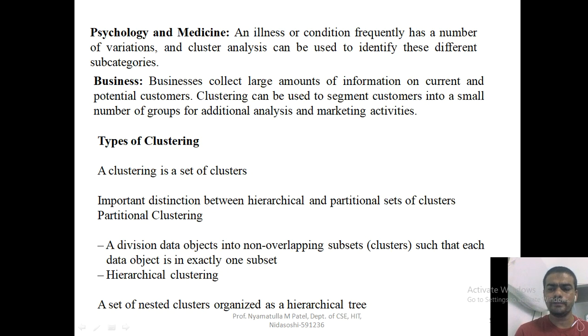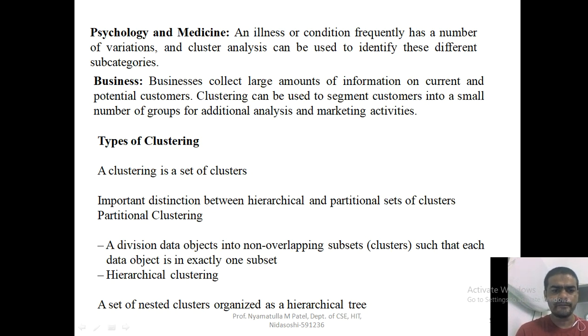For example, if I am interested in mobiles, then I will be put into a list of customers, or into a group or a cluster where all the people are interested in buying a mobile that has a good number of features. So, these are the different applications of clustering analysis.